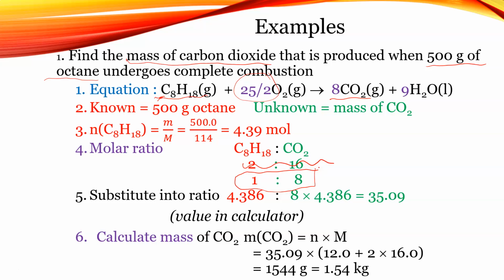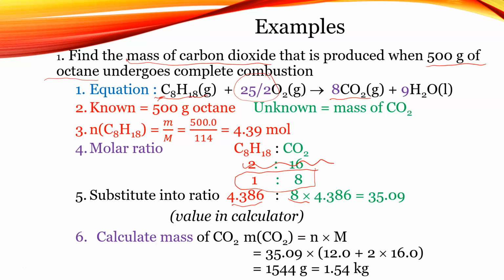Obviously, I must have formerly had this with the 2 to 25 ratio. So it's 1 to 8. We don't have 1 mole of octane. We've got 4.386 mole. So we are going to multiply that number, the 4.386, by 8. So we divide by the 1 and we're multiplying by the 8 and we get 35.09.